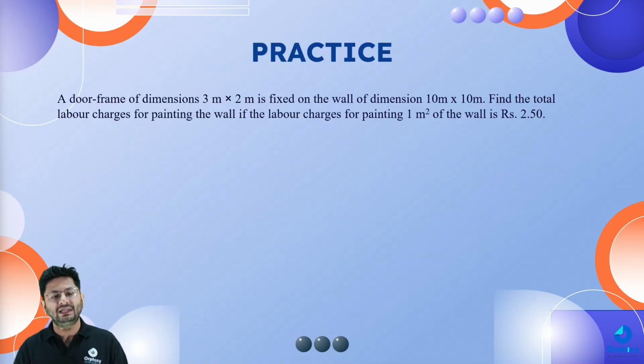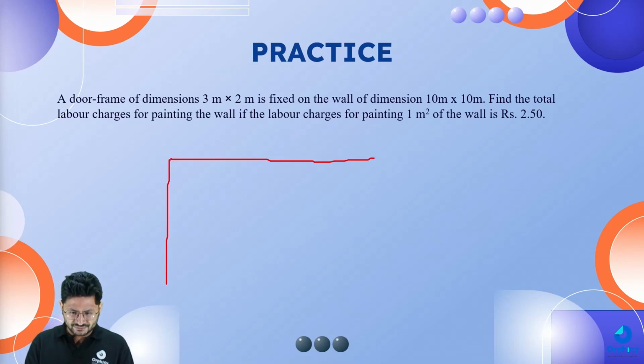So a door frame of dimension 3 meter cross 2 meters is fixed on a wall of dimension 10 cross 10. So I'll make a rough structure.